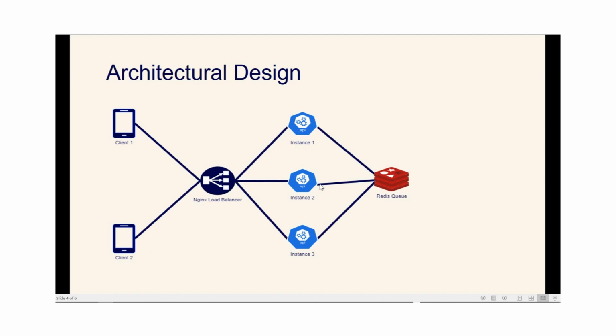So this will raise an issue. If client 2 is willing to communicate with client 1, client 2 will send a message, then the load balancer will forward that message to instance 2, but instance 2 cannot forward that message back to client 1 since there is no connection between client 1 and instance 2, right?